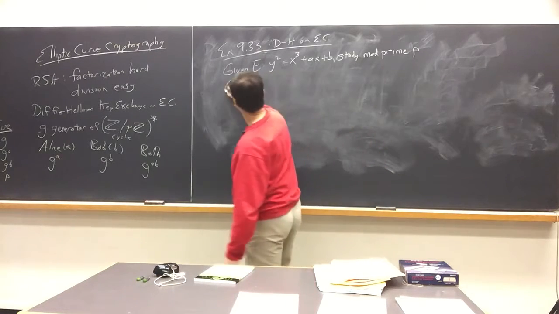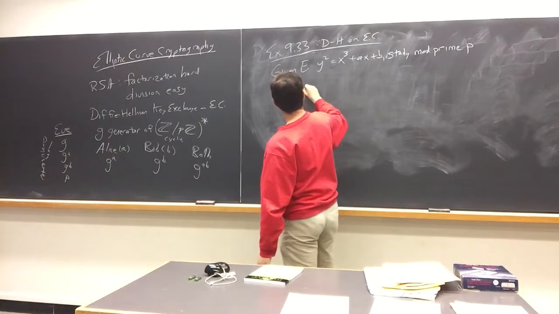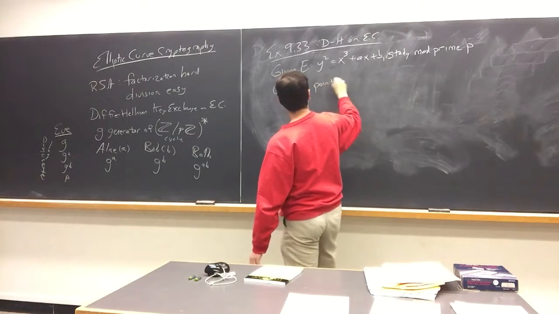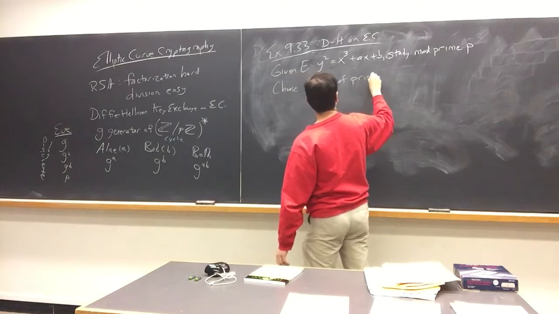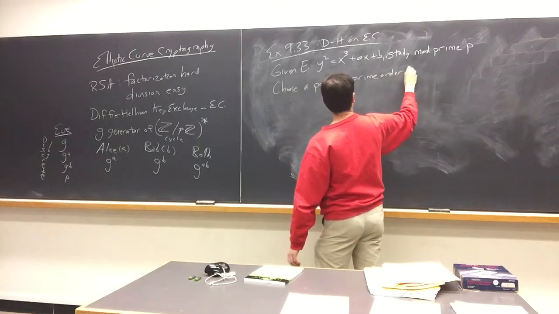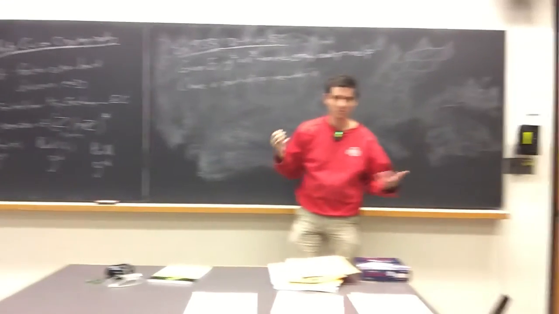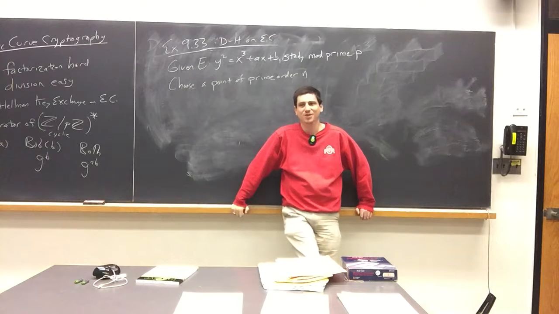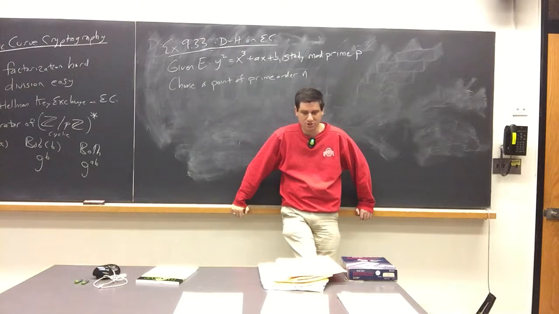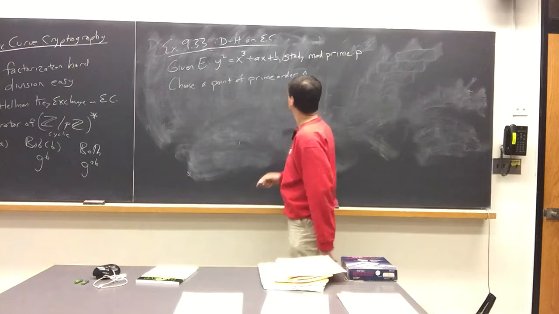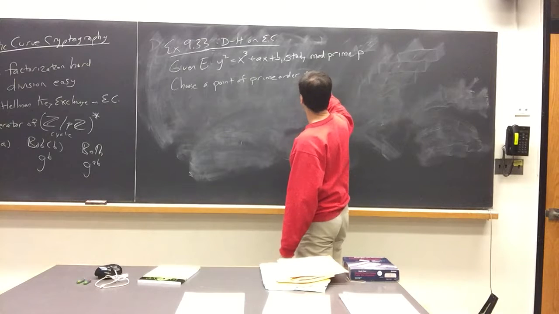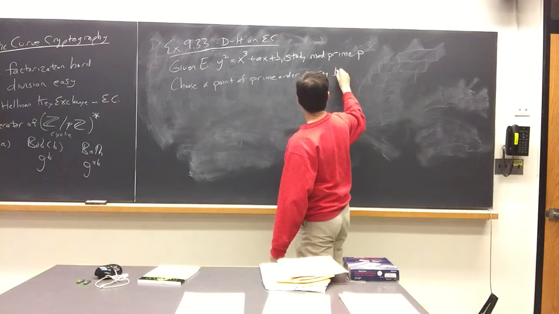So choose a point of prime order, and I hate the fact that they use n for prime order. I will talk to the author. Whenever I see n, I do not think of a prime. I will keep this so it's the same notation as in the book. I would much rather use q. So they want a point of prime order and say P.